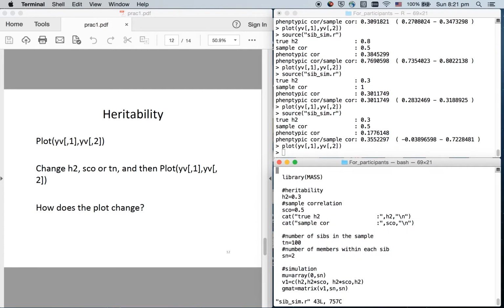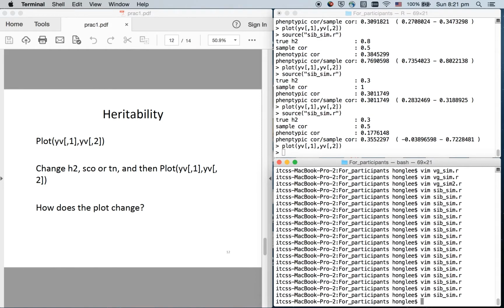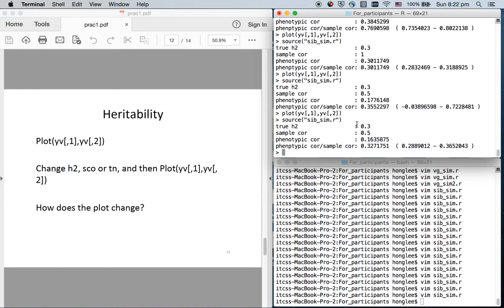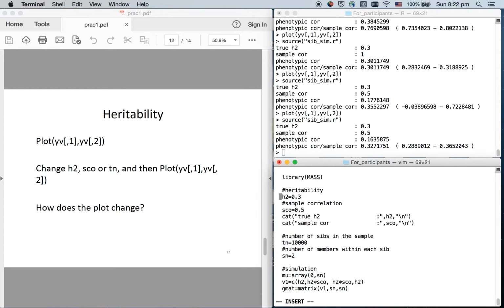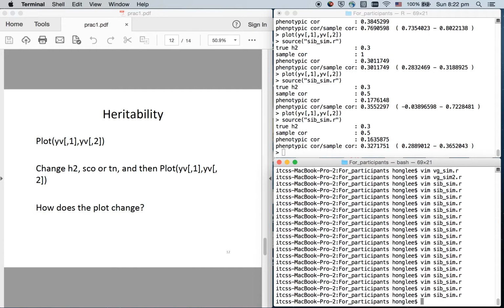Let's have a look. So we get back to 10,000. Yeah, then whether using 0.3, so this is when we use 0.3, then now we increase heritability to 0.8, and see what happened.